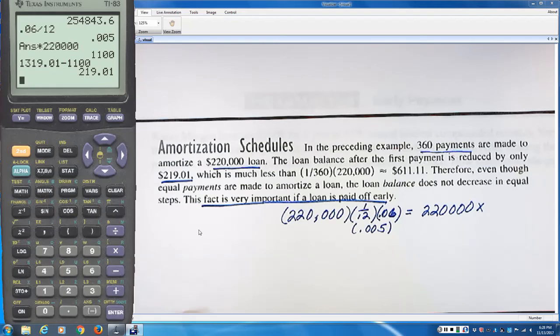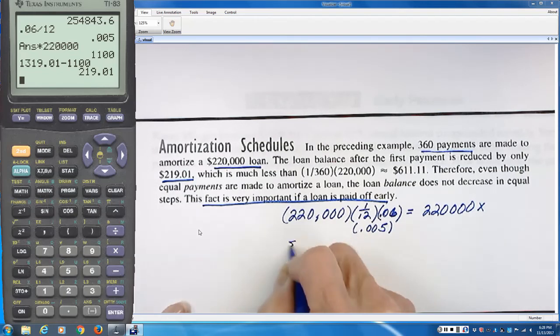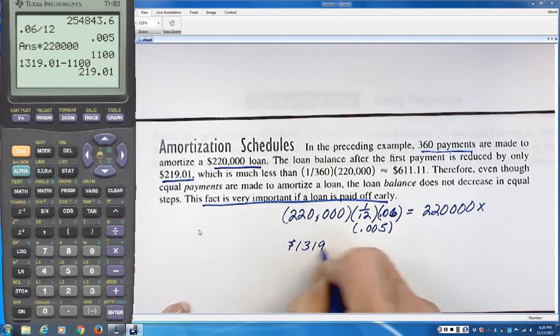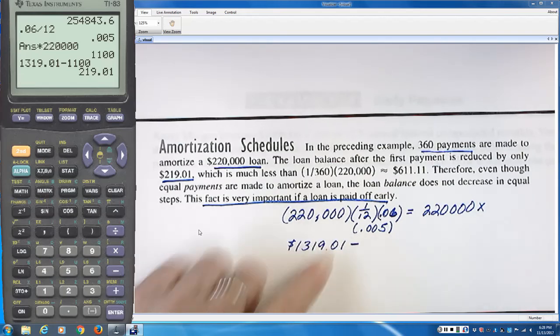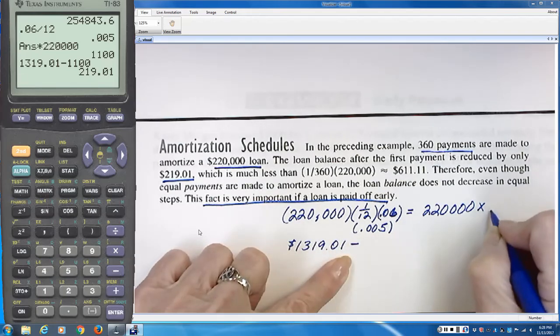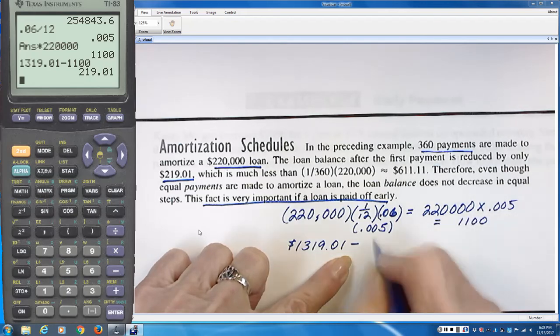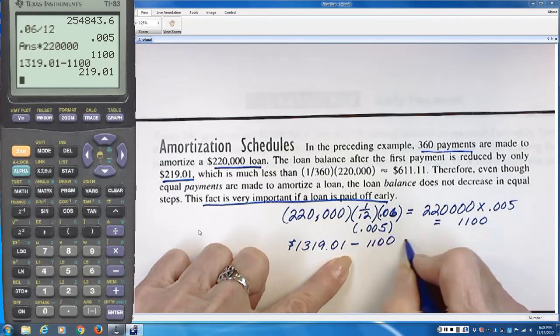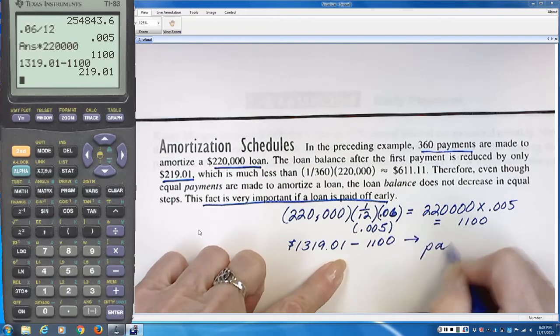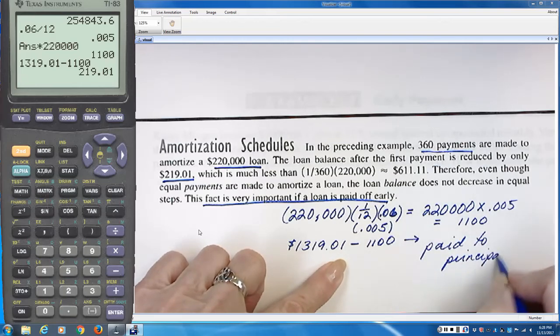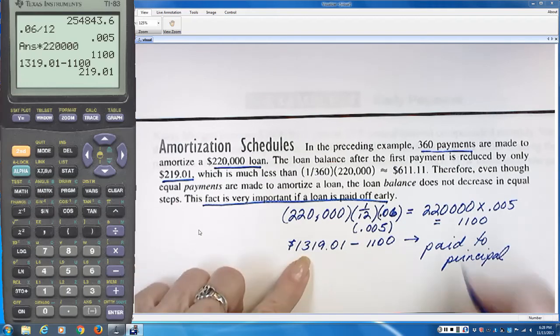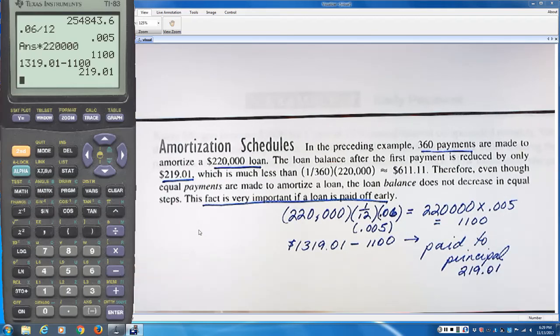So 1319 is your actual payment amount, minus the amount of the interest, which was $1,100, means the amount that paid to the principal is $219 and a penny, which is not a lot.